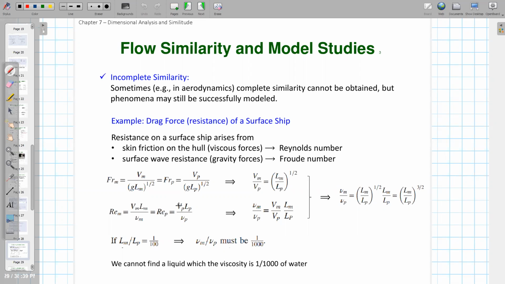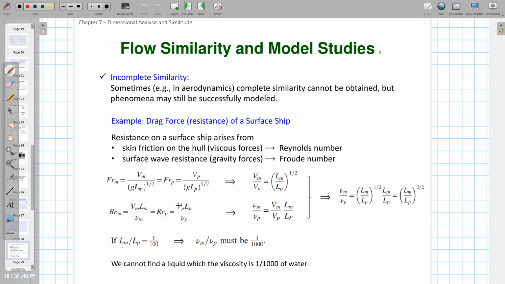One example I can give you is this: if you have a ship, operating on the sea or on the river, whatever, and you want to measure its drag force, if you want to design a ship, in the design phase you want to create a model of this small ship in your lab, and you want to see whether you can create the same similarity flow condition in your lab.